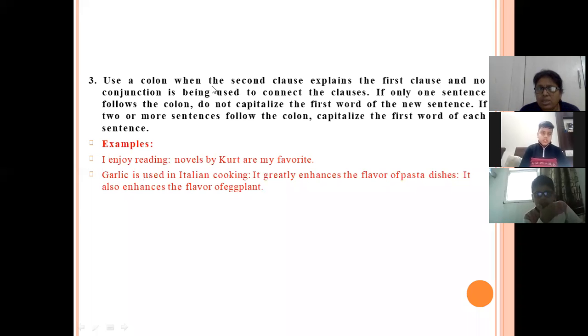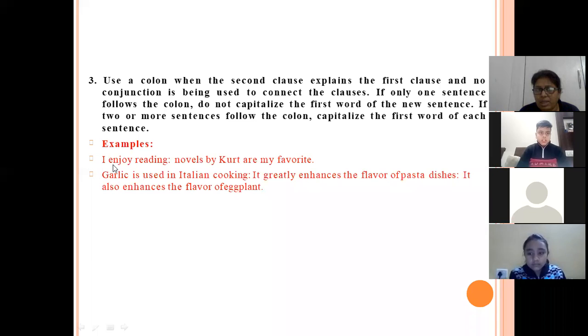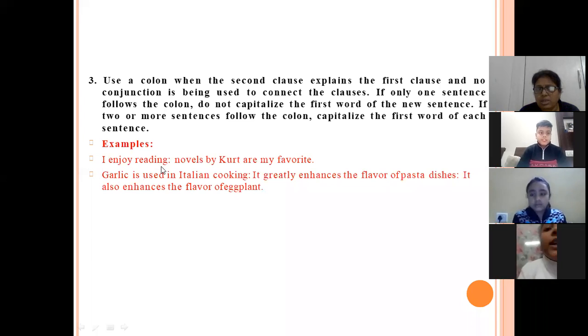So now you can see, use a colon when the second clause explains the first clause and no conjunction is being used to connect the clauses. If the sentence would have been like, I enjoy reading novels by Kut are my favorite, it's something missing here. If I add a conjunction here, then it's okay.